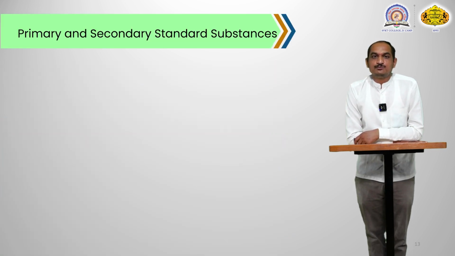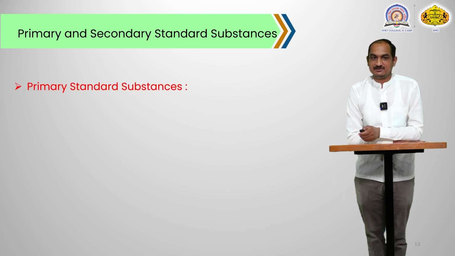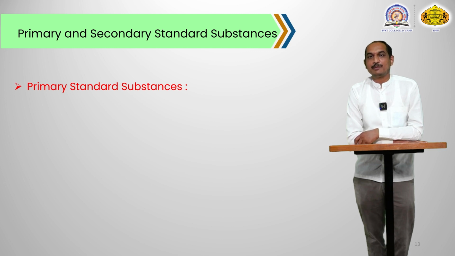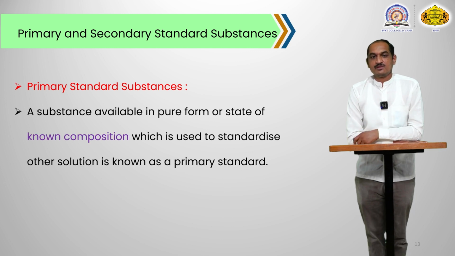Then the second point of today's session is the primary standard substances and secondary standard substances. First we discuss the primary standard substances. We know that a substance available in a pure form or in a pure state of a known composition, which is used to standardize other solution, is known as a primary standard substance.